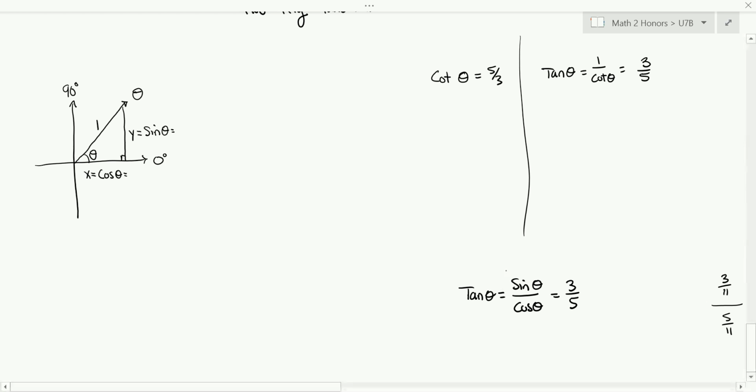Because of this proportion. What this proportion does tell me is that there is another larger triangle that's similar or proportional, where this is theta, and, well, sine corresponds with the 3, so I could put the 3 right here. Cosine corresponds with the 5, so I could put the 5 right here.